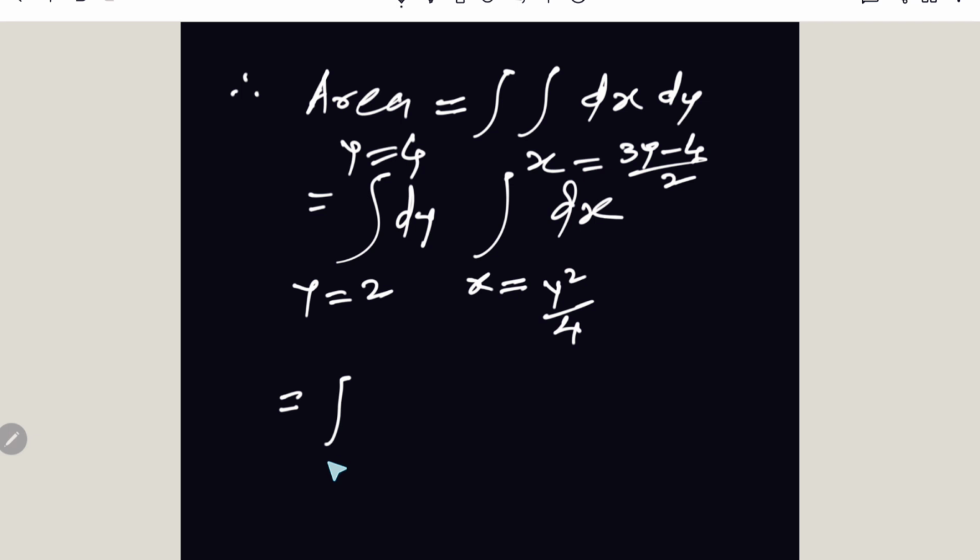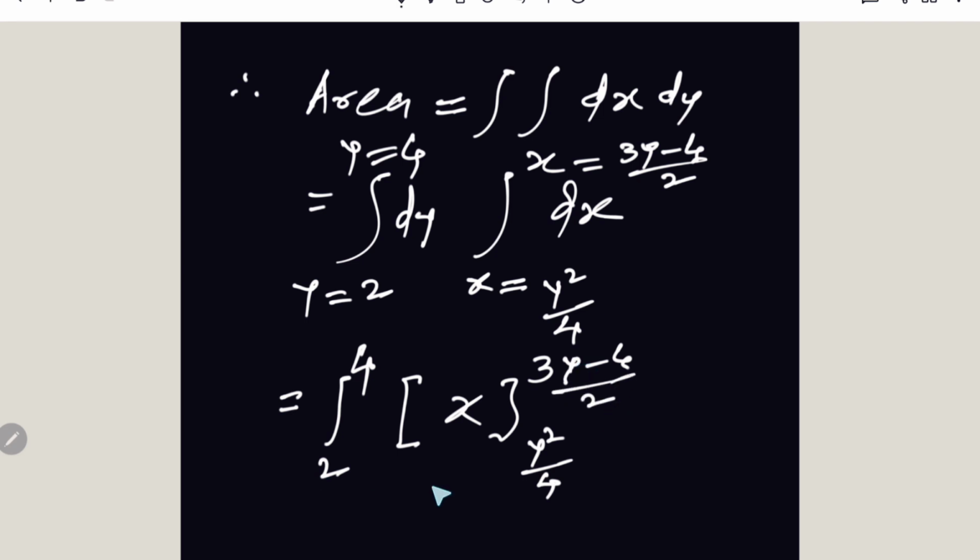Outer integral I am keeping as it is, 2 to 4. Integration of dx is x, limit from y square by 4 to (3y minus 4) by 2, and whatever the value, then we have to integrate it with respect to y.